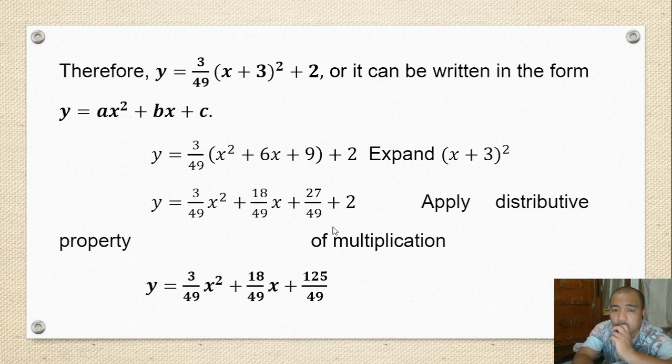Then add 27 over 49 and 2, we have 125 over 49. So this is equivalent to y equals 3 over 49 x squared plus 18 over 49 x plus 125 over 49.